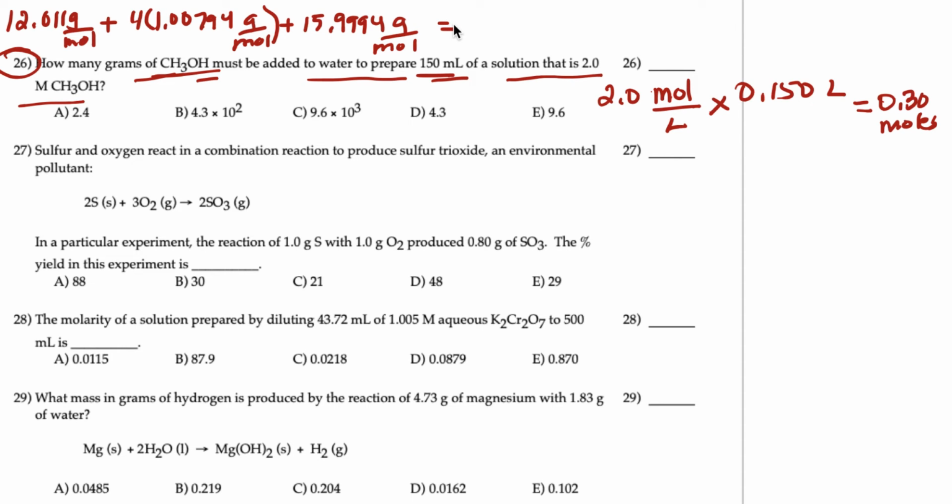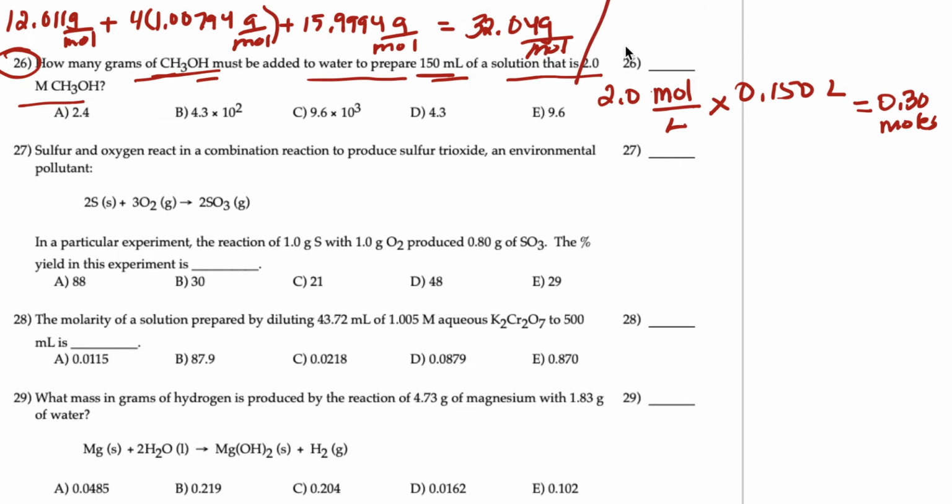And this would be equal to, let's see, 4 times 1.00794 plus 15.9994, and I get 32.004 grams per mole. So that's the molar mass of the methanol.